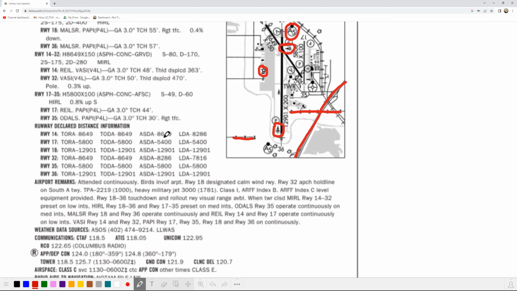Yep, glide angle. Yeah, that's the GA, glide angle. So for that runway, that is this PAPI. So the PAPI lights, right? You know, where it's going to tell you whether you're on glide slope, above, or below.